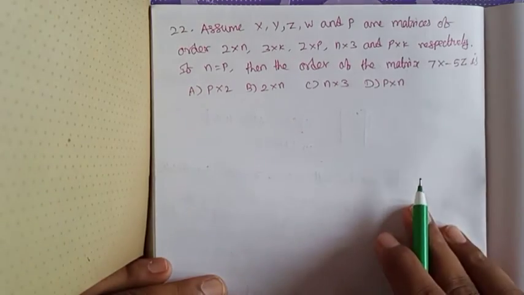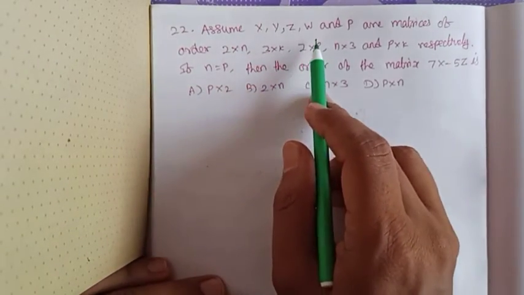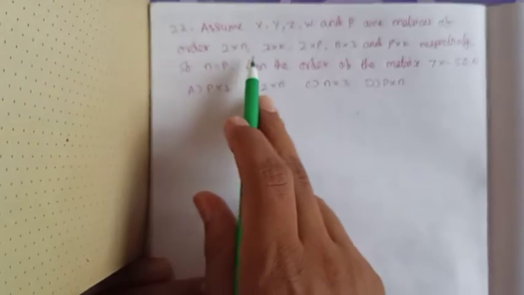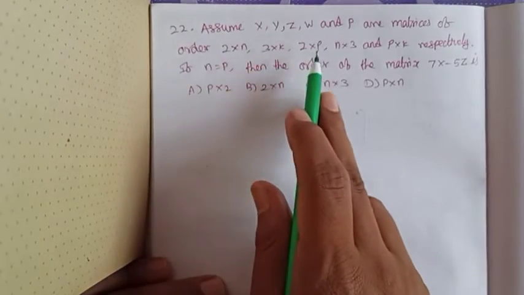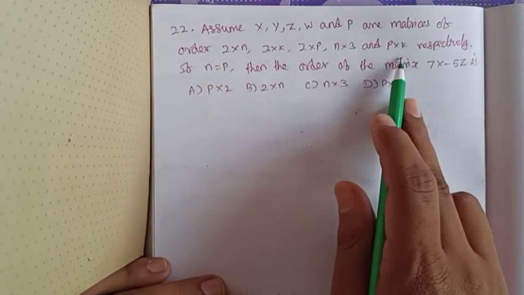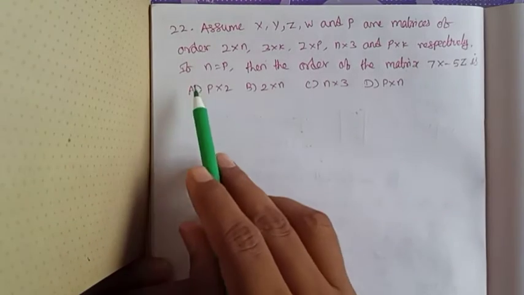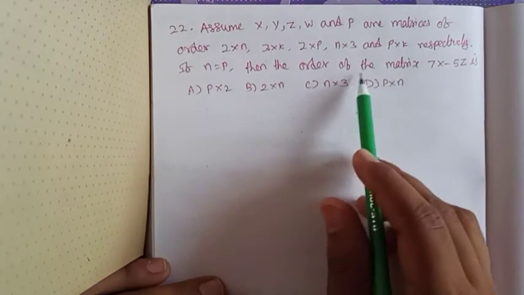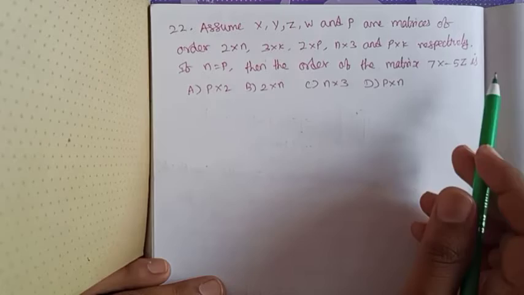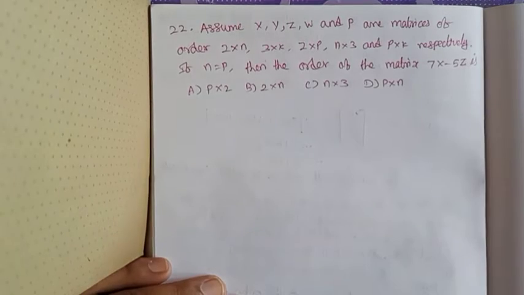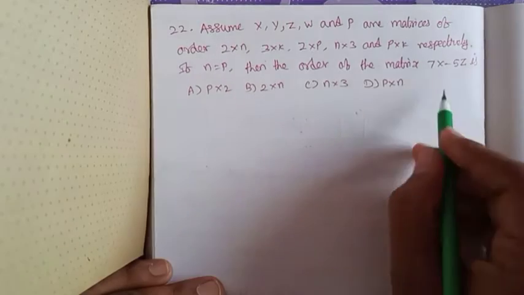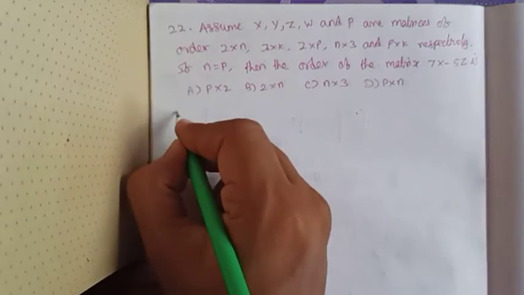Question number 22. Assume X, Y, Z, W and P are matrices of order 2 by n, 3 by k, 2 by p, n by 3 and p by k respectively. If n equals p, then the order of the matrix 7X minus 5Z is which one? Now find the order of 7X minus 5Z.